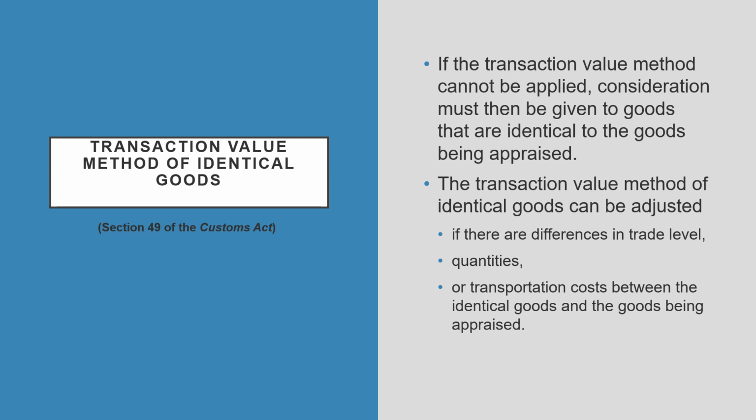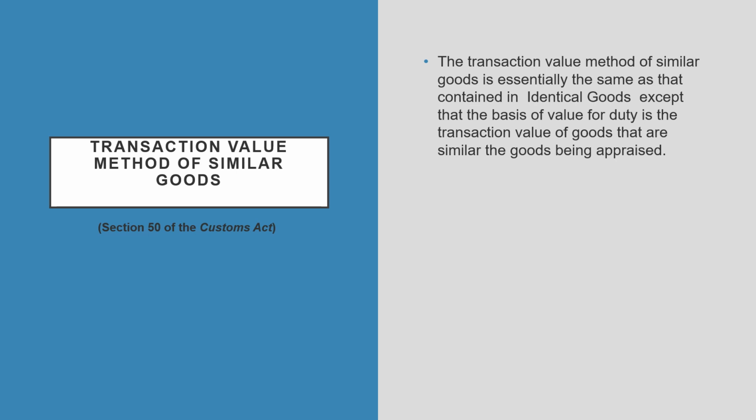This would be like if I'm comparing a bag. It has to be the same bag, produced by the same manufacturer in the same location, and if that identical bag's price is $10, then I can use those $10 for a shipment that has 4 bags, if I don't happen to have the price paid or payable on that good.